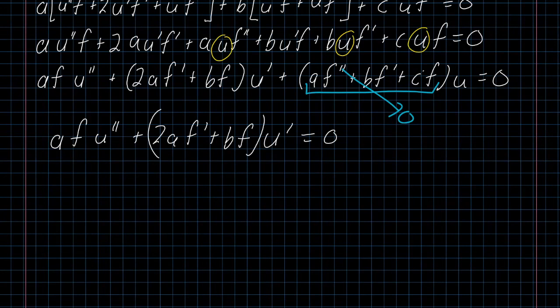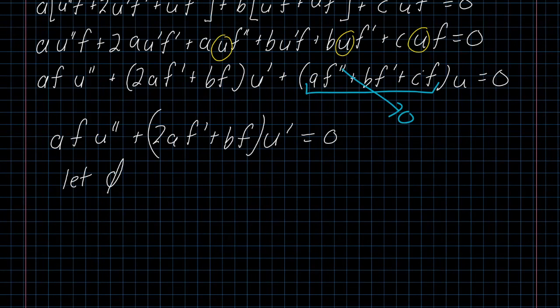And so we have turned this into a differential equation that has u double prime and u prime, but not u itself. We dealt with an equation that had this kind of form in the first video on change of variables. I've already used u, so I need something else.